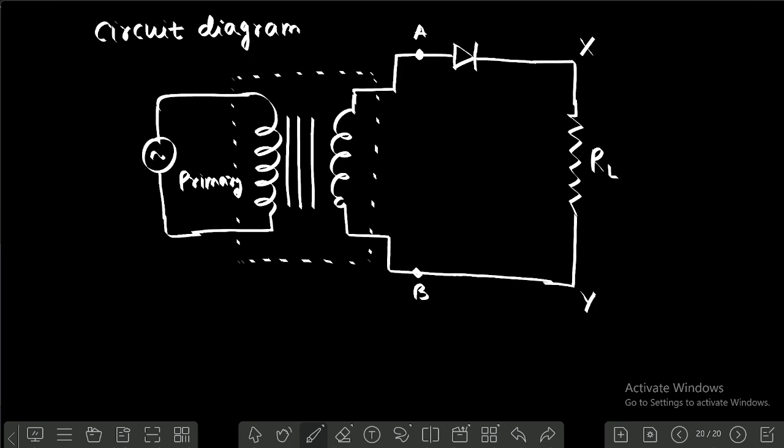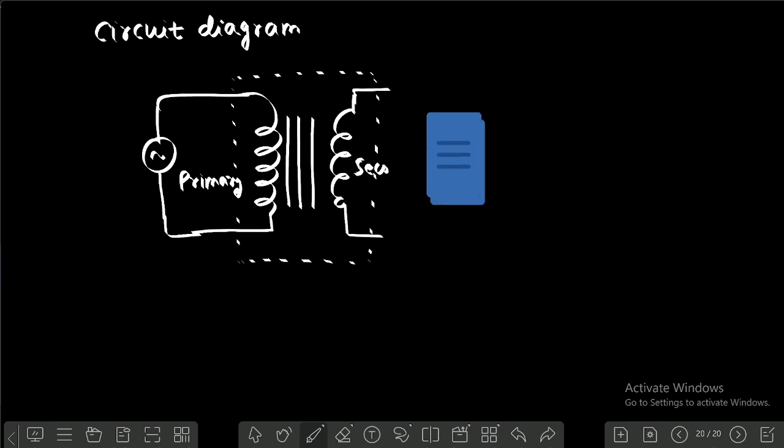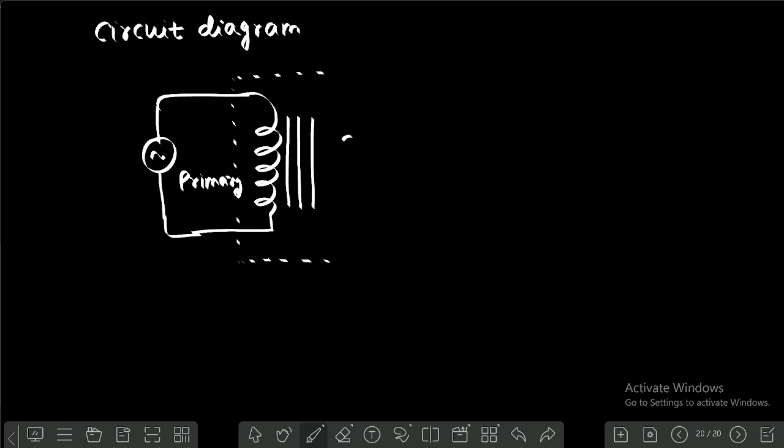In the primary you have the AC signal, and this is the secondary. Draw the secondary coil like this, or if you want, you can modify it a little.